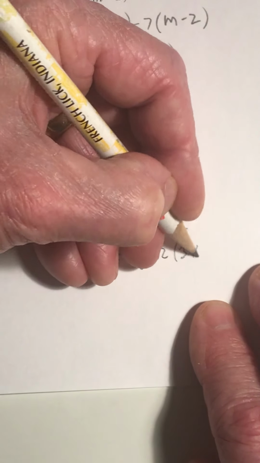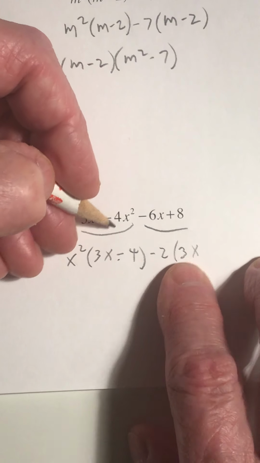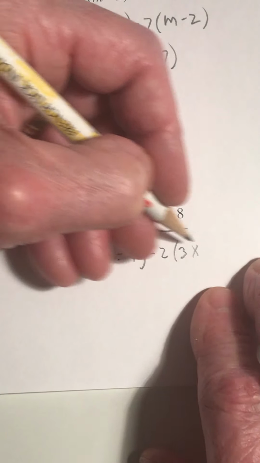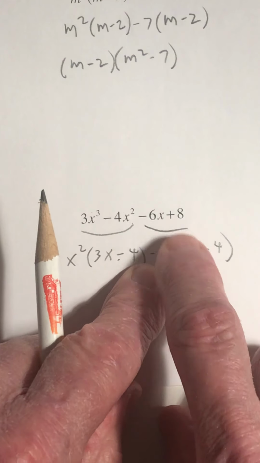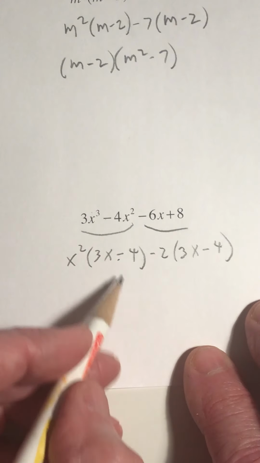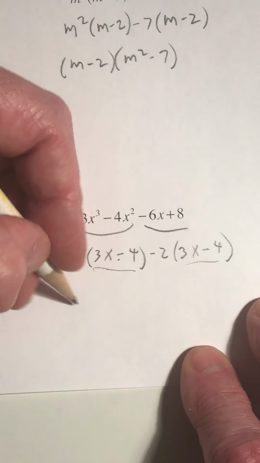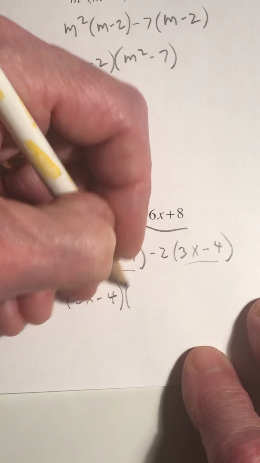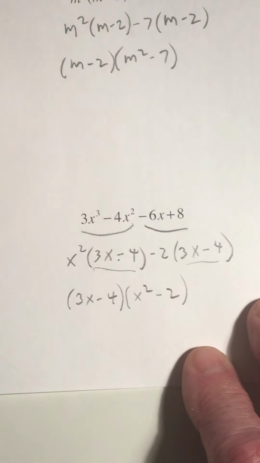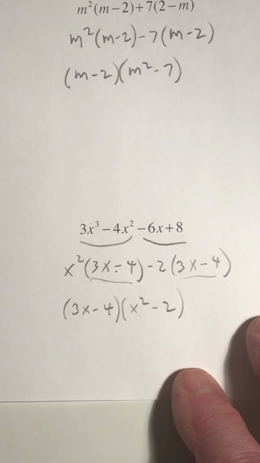Minus 2 times 3x would make the minus 6x, and minus 2 times the minus 4 would put back the plus 8. And there's the match that we were sort of expecting. 3x minus 4, x squared minus 2. And that's it for page 1.